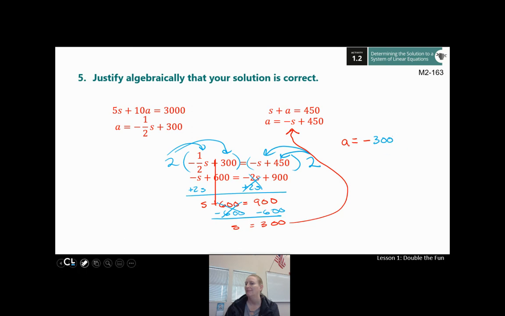So we have -300 plus 450. And of course, that is 150. Oh my gosh, we just verified it algebraically. So even the algebra told us that we must have sold 300 student tickets and 150 adult tickets in order to have made $3,000.